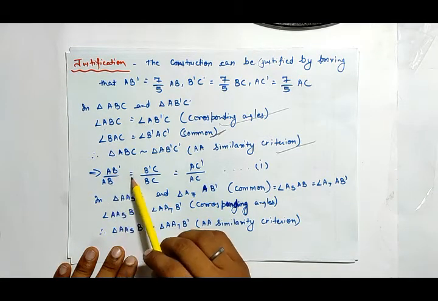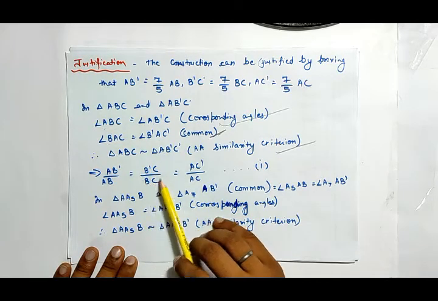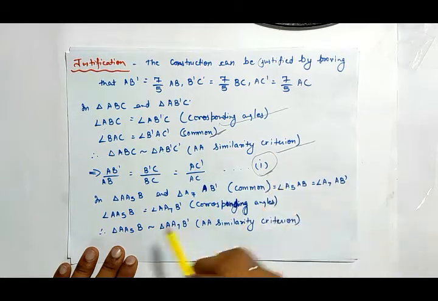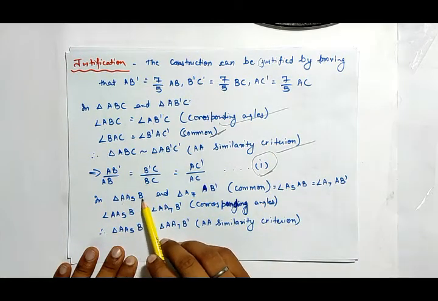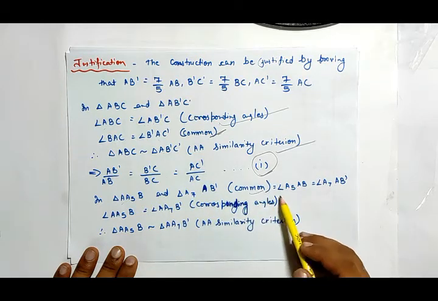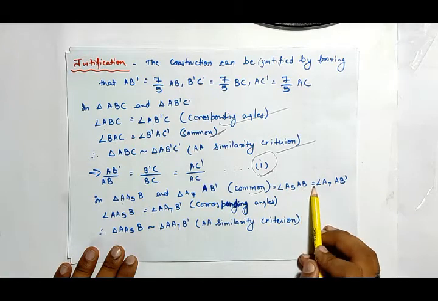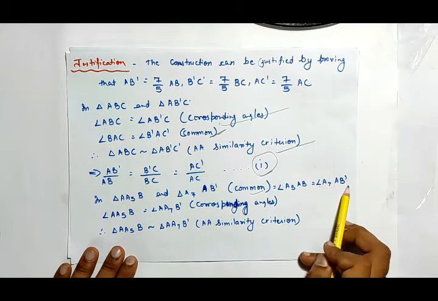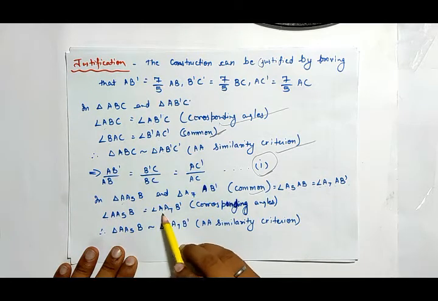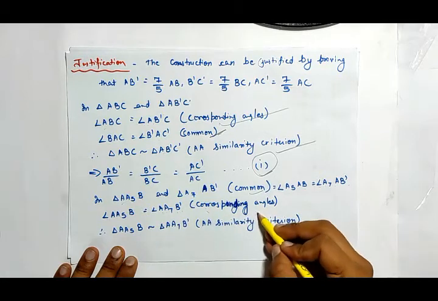AB dash upon AB is equal to B dash C dash upon BC is equal to AC dash upon AC, that is equation first. In triangle A5BA and triangle A7AB dash, angle A is common. Angle A5B is equal to angle A7B dash, that is corresponding angles.